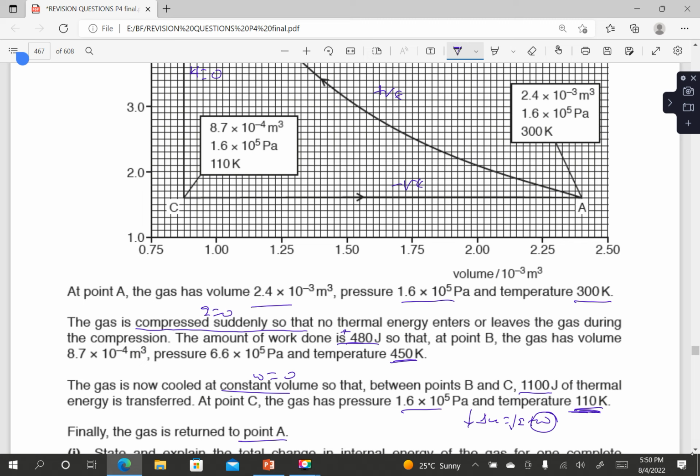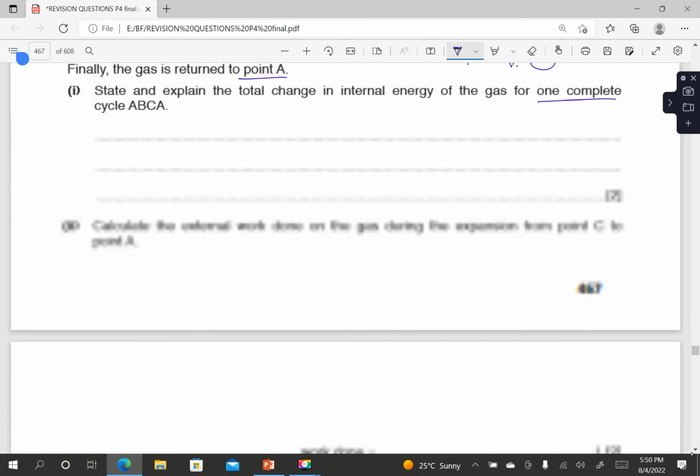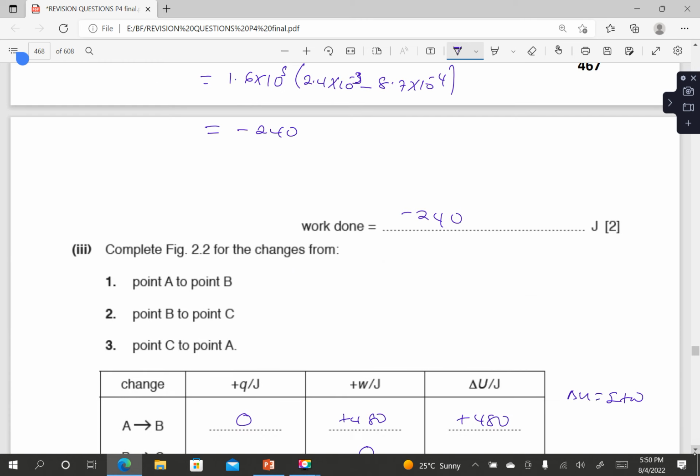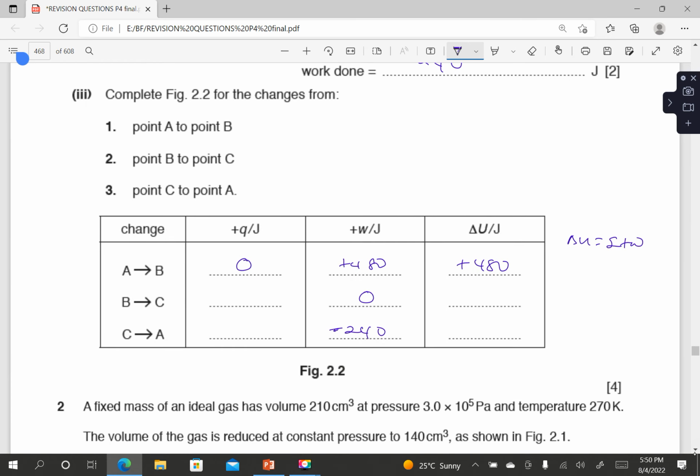Because there is no work done, Q must be negative. So here we have negative 1100 joules. When we use this equation, this becomes also negative 1100 joules.